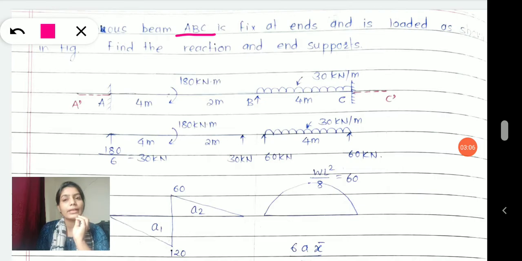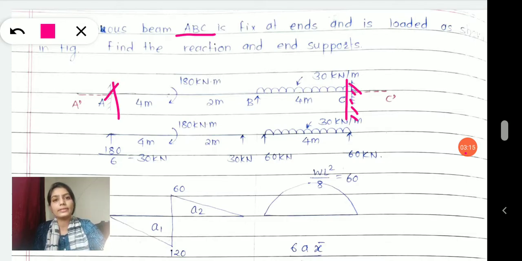Okay, here if we see, check here, we have fixed ends. Now, why am I highlighting it so much? You should understand, when there are fixed ends, the number of unknowns increases. How?